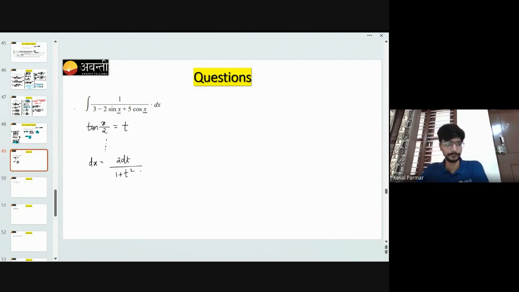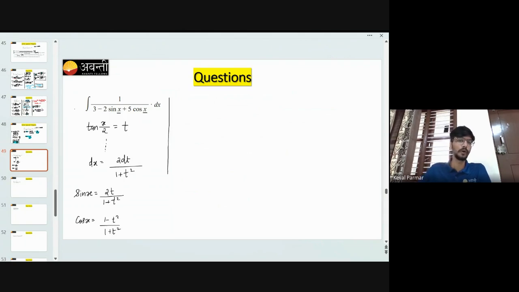Is it clear? And what can I write? Sin x I can write 2t upon 1 plus t square. And cos x I can write 1 minus t square upon 1 plus t square.